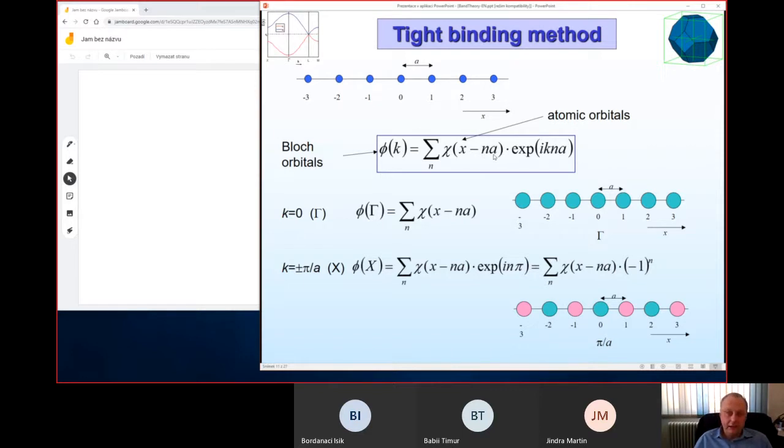So a is the lattice parameter, and n is just an index which defines the corresponding unit cell in a periodic 1-dimensional crystal.